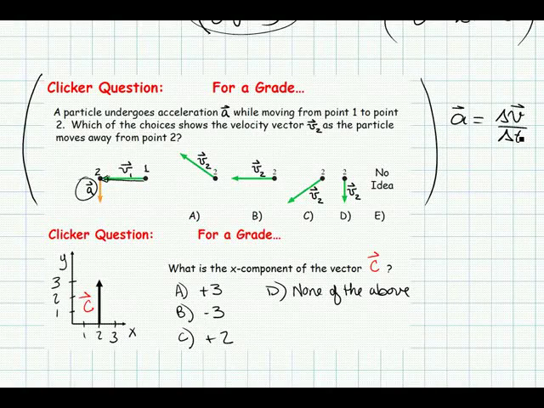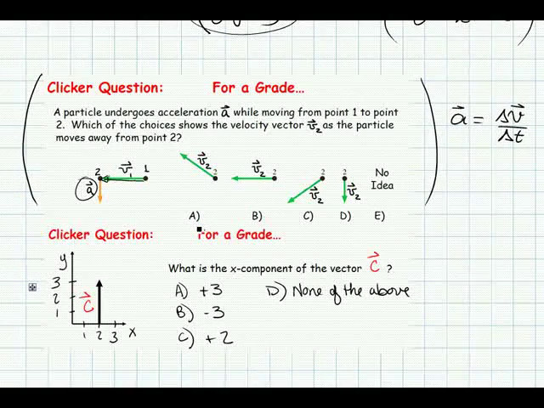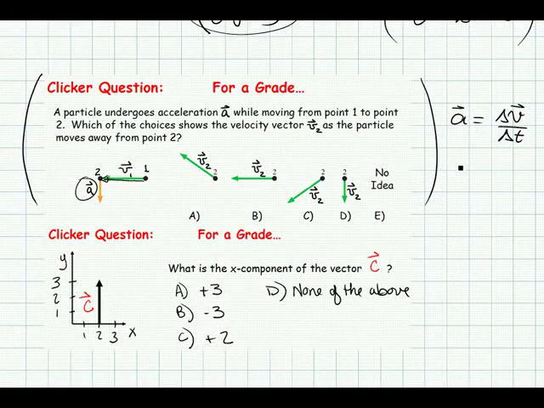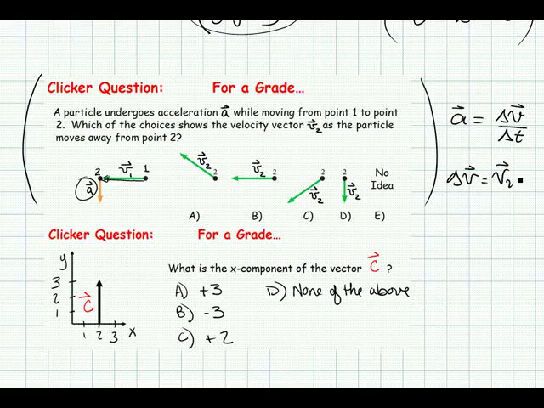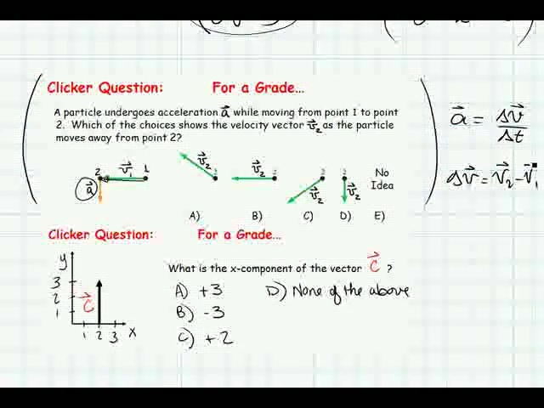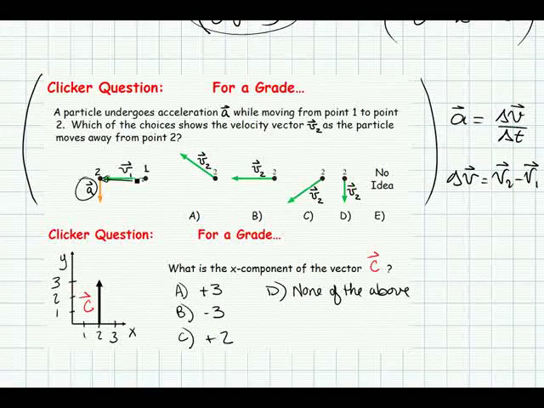So you need to ask yourselves which one of these choices, A, B, C, D, E, gives me the correct delta v. Remember, delta v is final velocity v2 minus v1. So which one of these vectors gives me v2 minus v1?